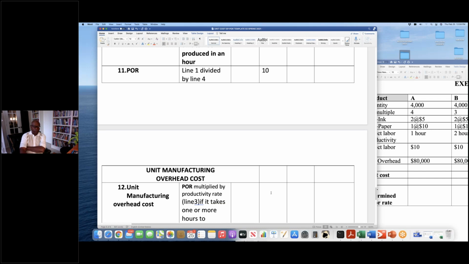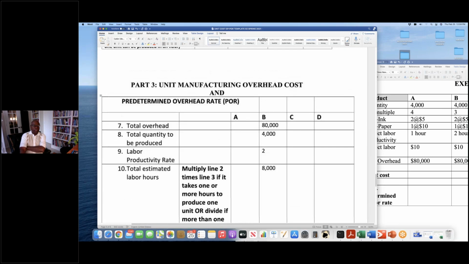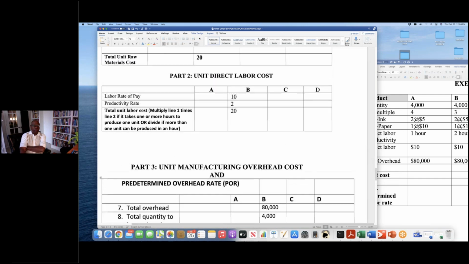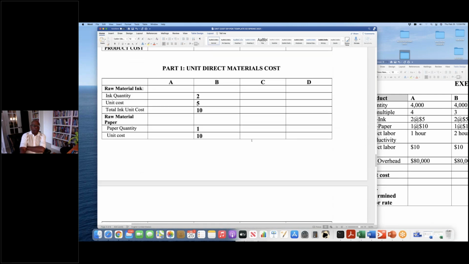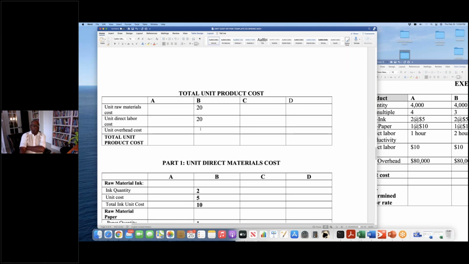How'd you get 20? My POR multiplied by my labor productivity. So we'll put the 20 right here. Yes, that's where it goes.